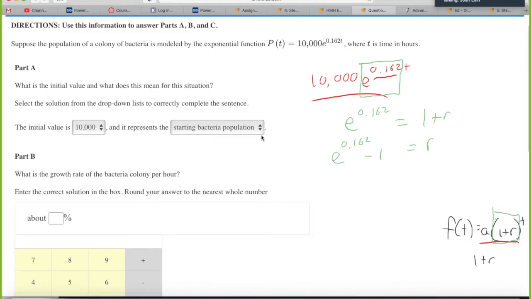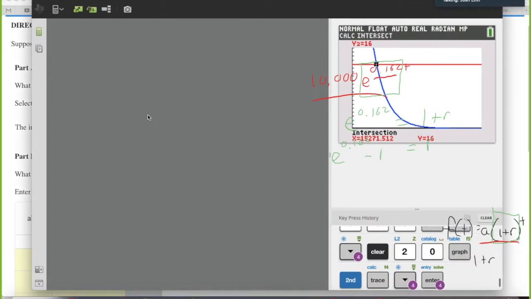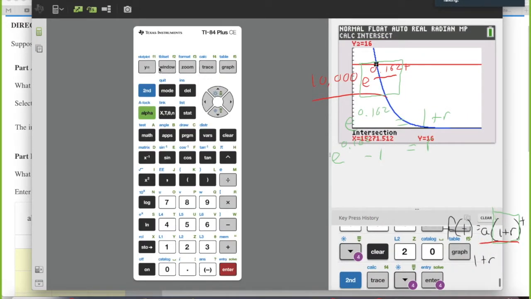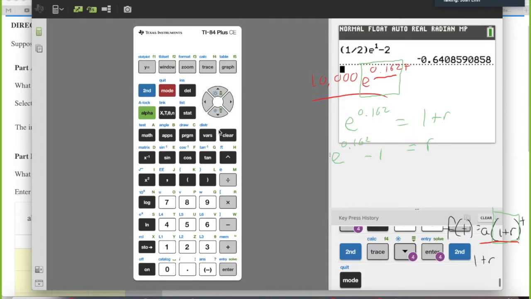From there, we're just going to plug that into our calculator. So here it comes. Let's get out of that. Clear everything out. I know it's a little messy on the screen right now, but I'm just plugging that part into my calculator.